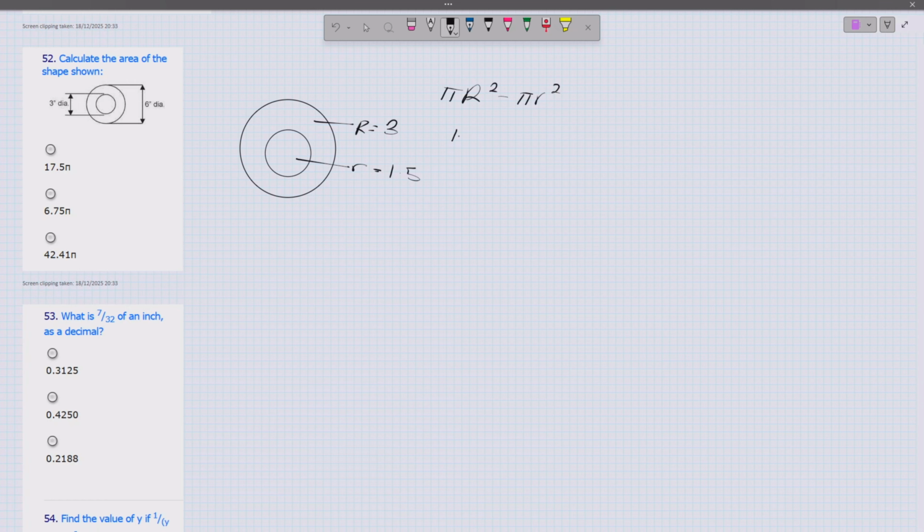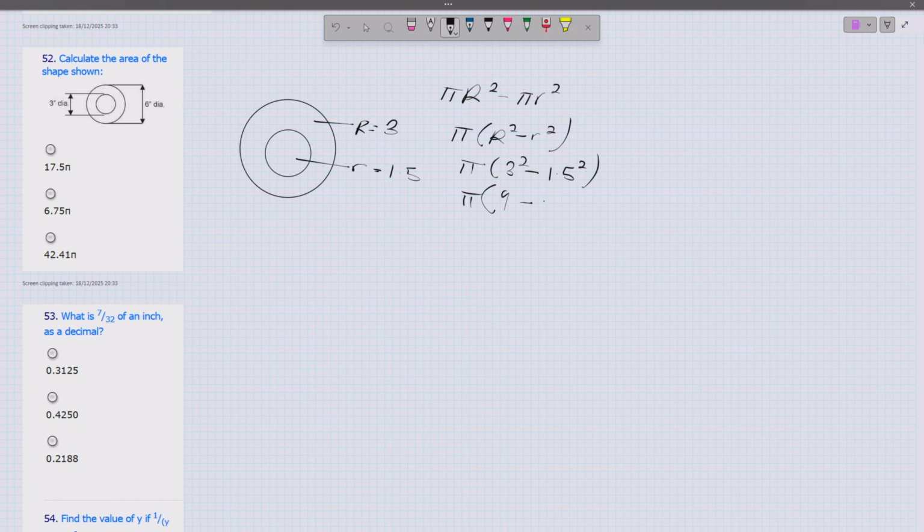You can factorize pi out to get r squared minus r squared. So we have pi into 3 squared minus 1.5 squared.